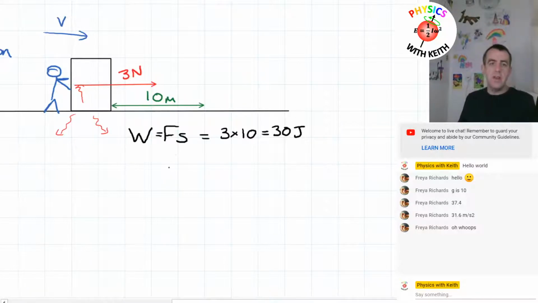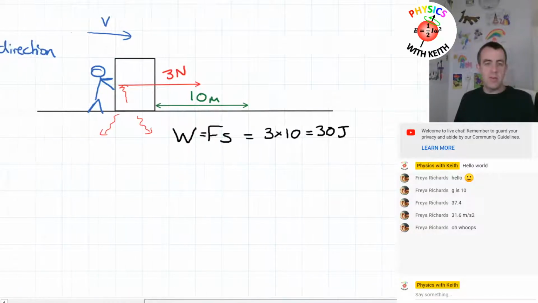You're going faster, therefore more force is needed, because as you go faster, air resistance is greater, so you need more force to be going at that constant speed that's faster, and therefore more work is done. But that work is done heating up the air, heating up the ground in the case of sliding the block along. So that's why it's not always a good idea to race down the road at 70 miles an hour.